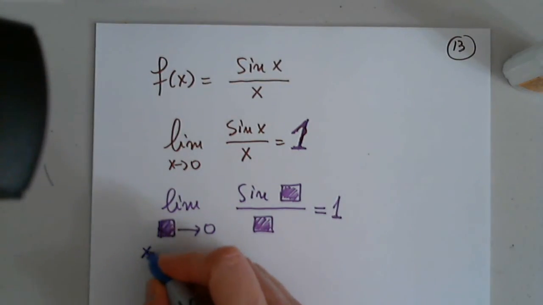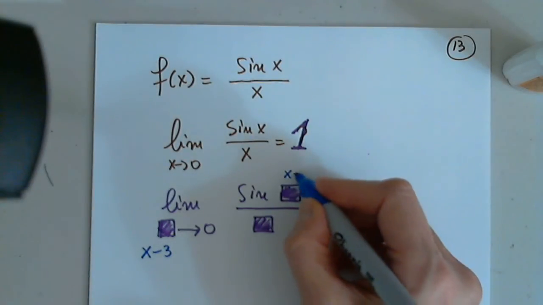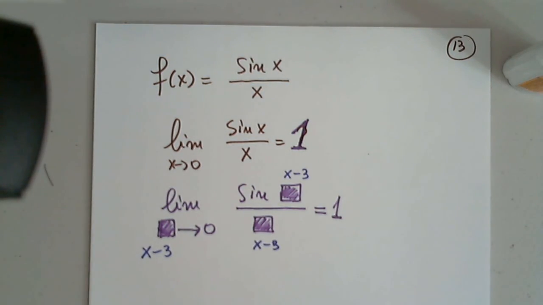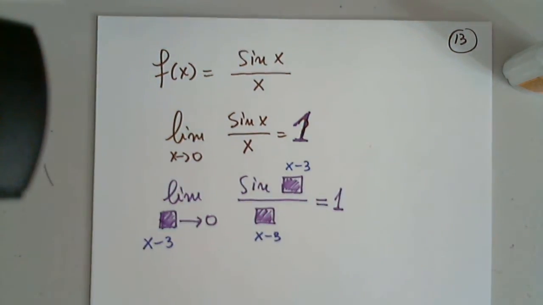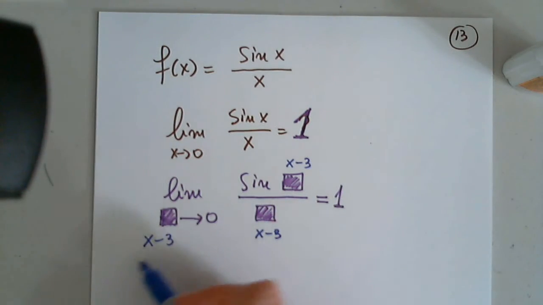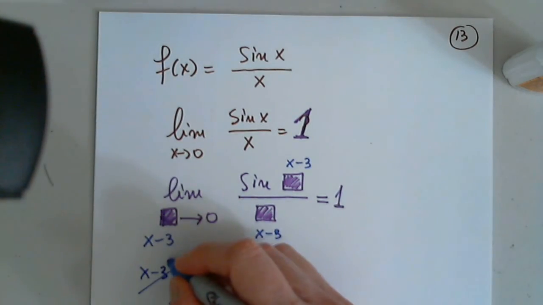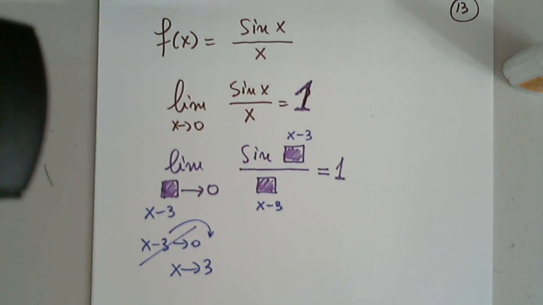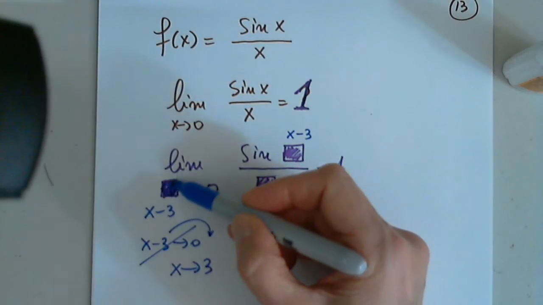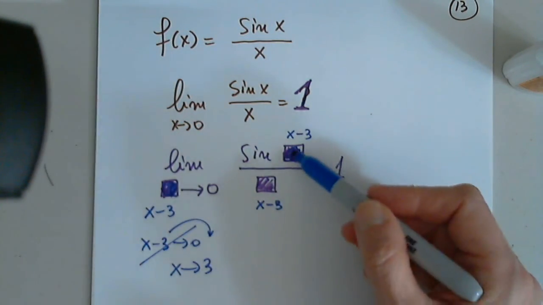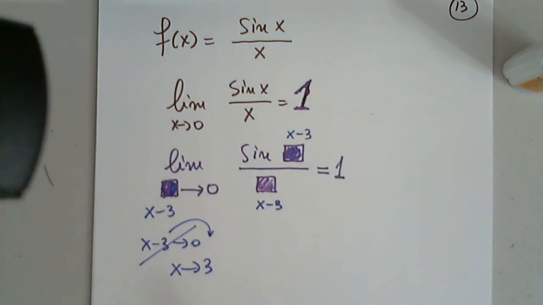If this is x minus 3, and if this is x minus 3, and this is x minus 3, they're all the same, then the limit is 1. But how do I write this? Of course, I'm not going to write that x minus 3 approaches 0. No. I write that x approaches 3. Because, of course, I'm going to move -3 to the other side. It's positive. So as long as this piece approaches 0, and this is the same thing with this piece, and they're all three the same, the answer will always be 1.